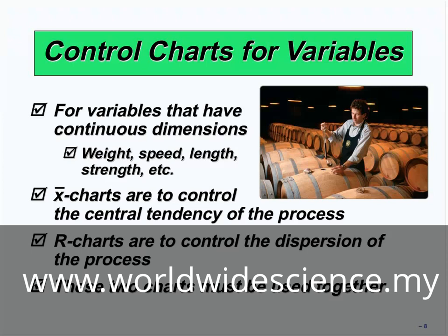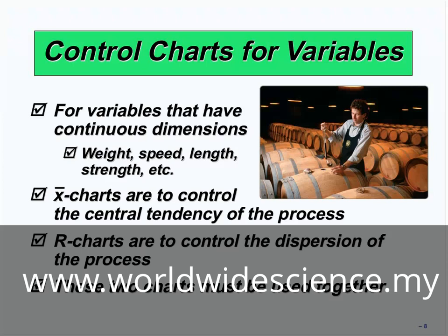Okay, we want to start with the methods of statistical process control. As I told you, we use the control charts. We have 4 control charts that help the operation manager to monitor the control of the process: X-bar chart, R chart, C chart, and P chart.